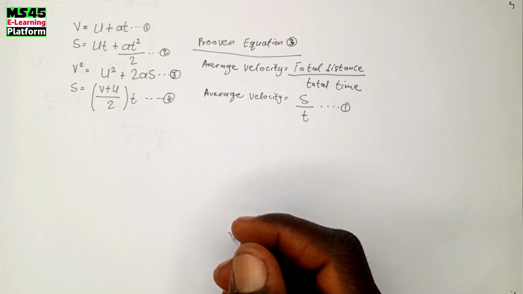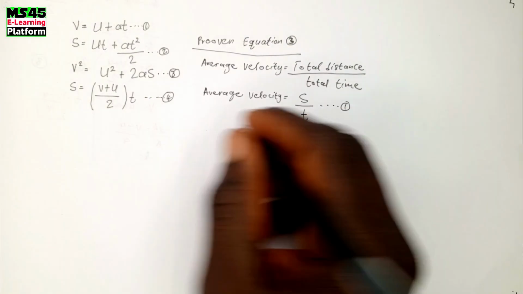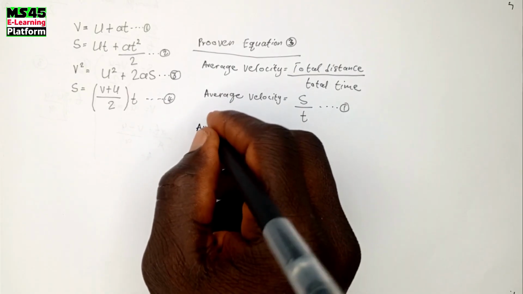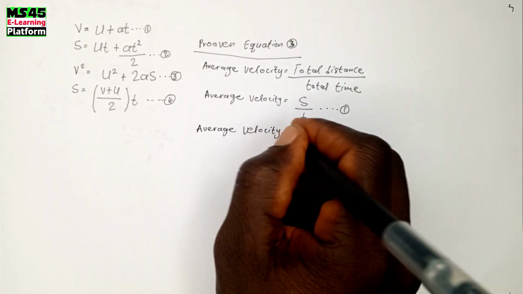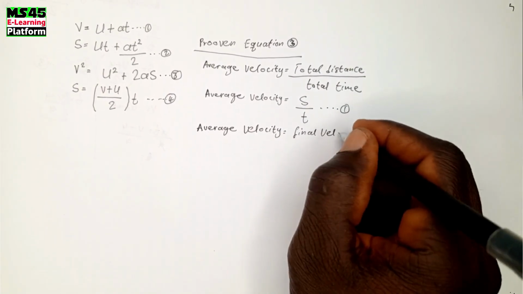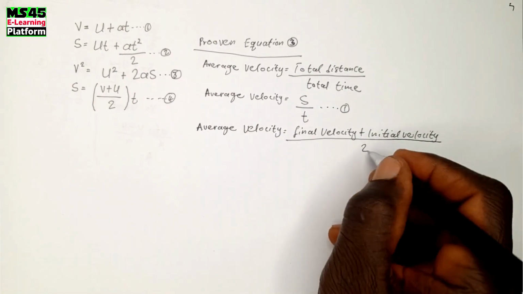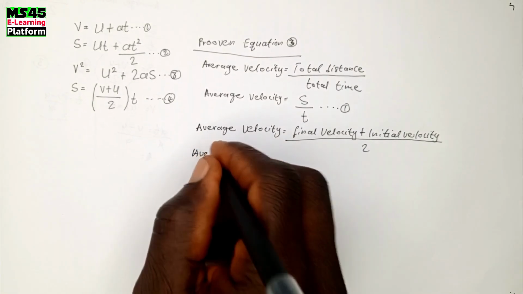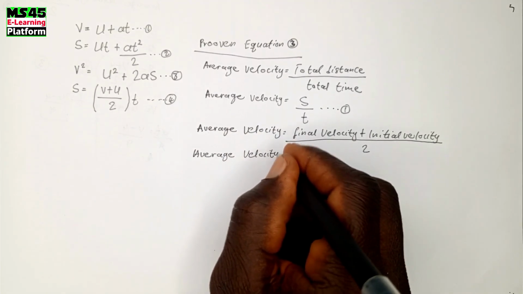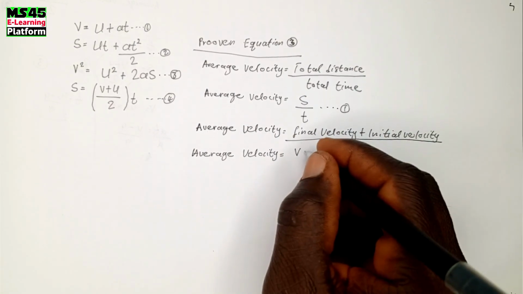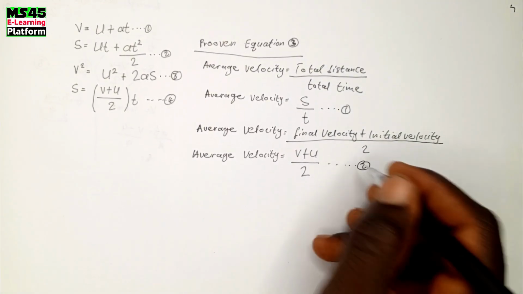So mathematically, average velocity will be equals to final velocity plus initial velocity divided by 2, which is v plus initial velocity u divided by 2. So let us name this equation 2.